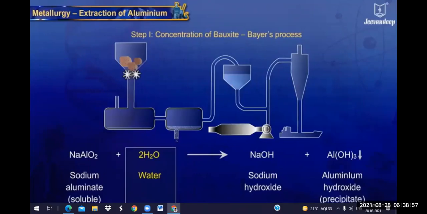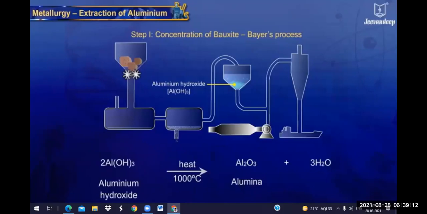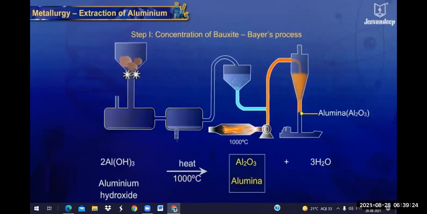This gives a gelatinous precipitate of aluminium hydroxide, that is Al(OH)3, leaving behind sodium silicate in the solution. This precipitate is filtered, washed, dried, and ignited at 1000 degrees centigrade to get alumina, that is Al2O3.